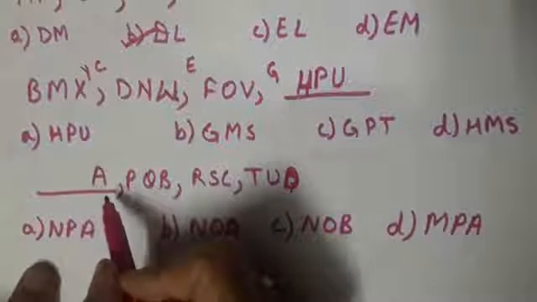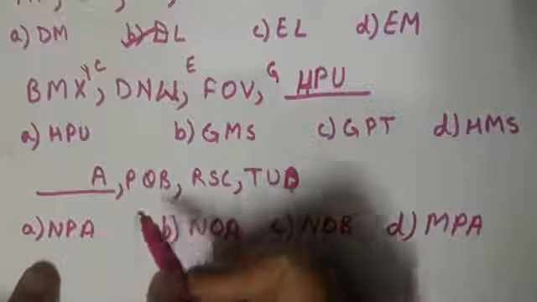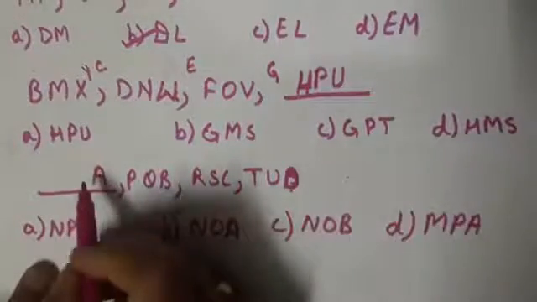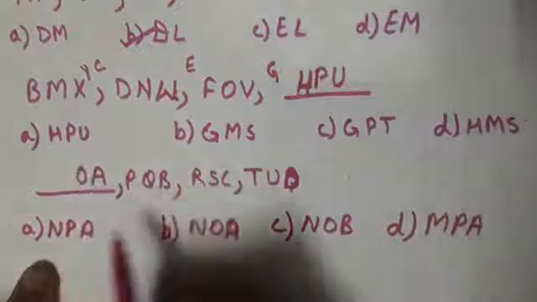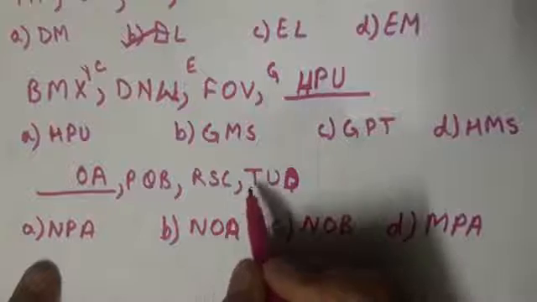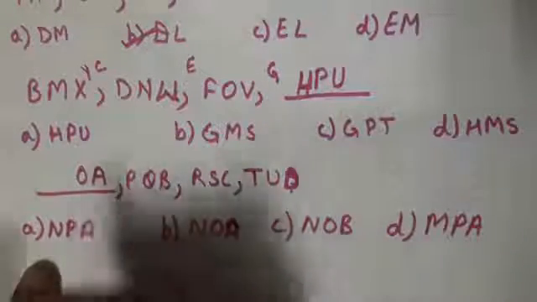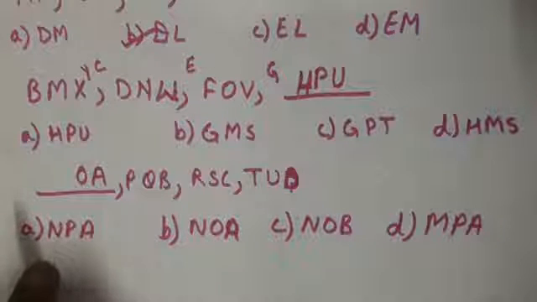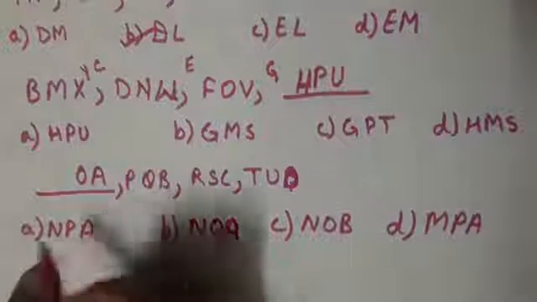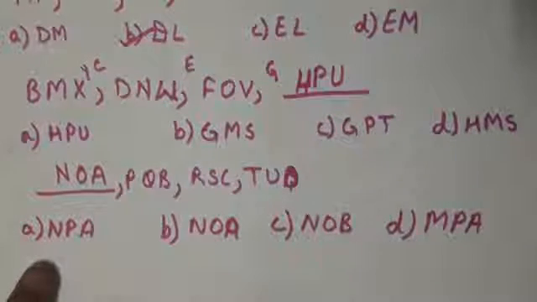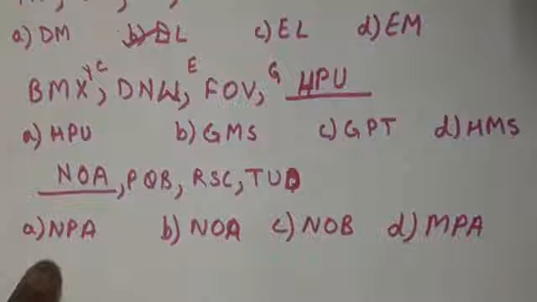P, Q, R. So O, P, Q, R. Okay, so O will come. Then we will see P, Q, R, S, T. Before P what will come? M, N, O, P. So N will come. N, O, A will be our answer. I hope you understood this series.